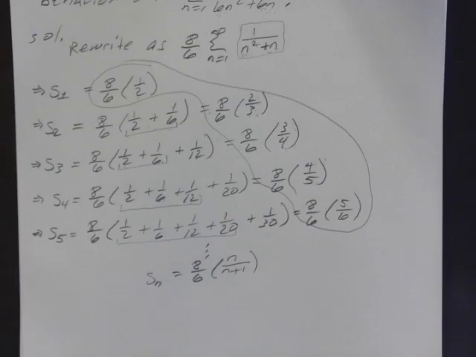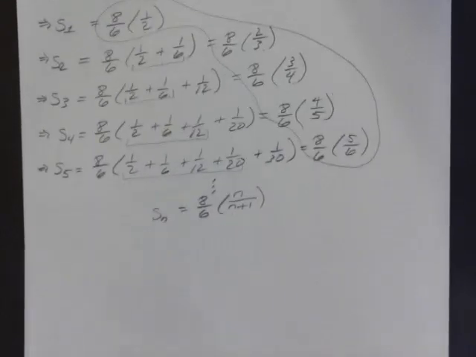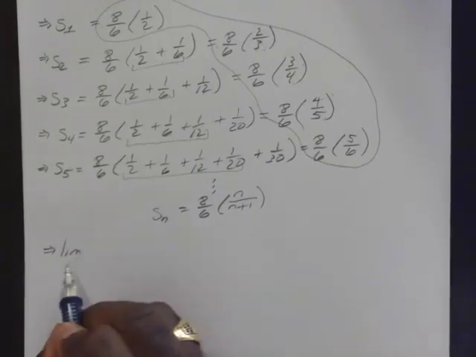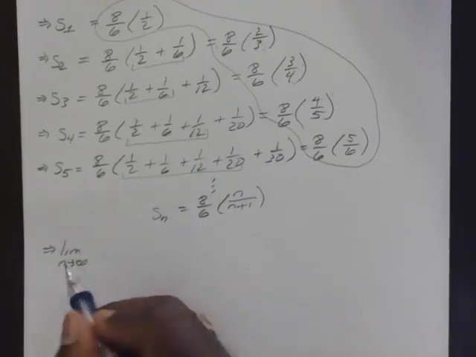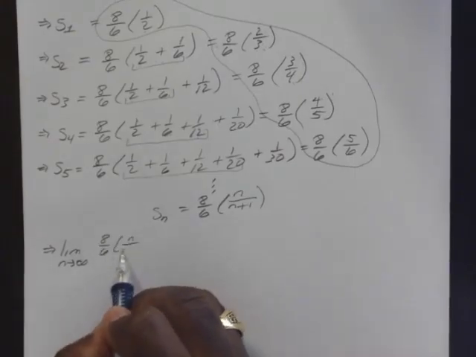Okay, so now we have to see if that converges or diverges. If the limit gives us a real number, then we know it converges to that value. If it gives us positive or negative infinity, or if it's undefined, we know it diverges. Okay, so we take the limit as n approaches infinity of 8/6 times n over n plus 1.